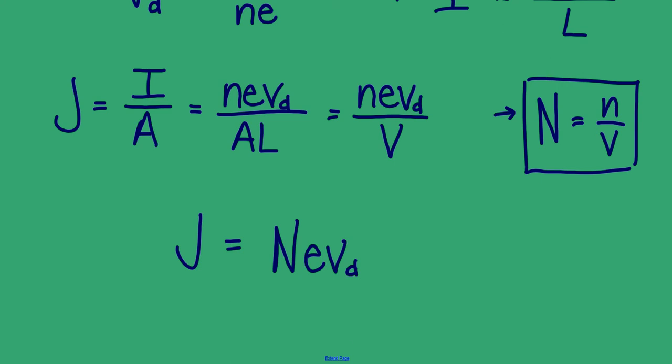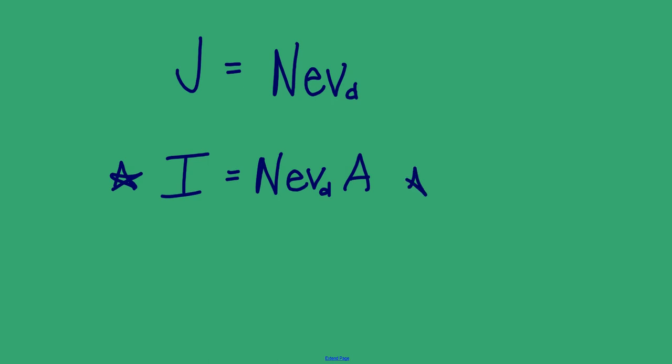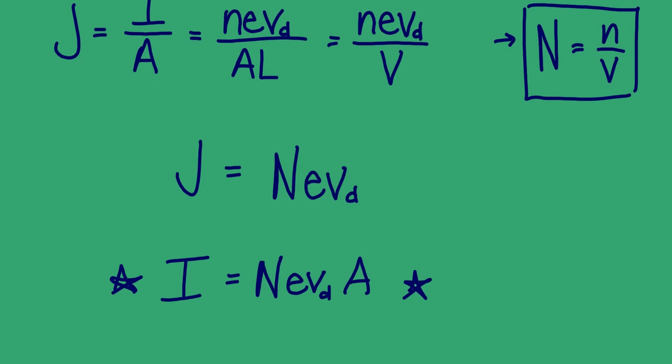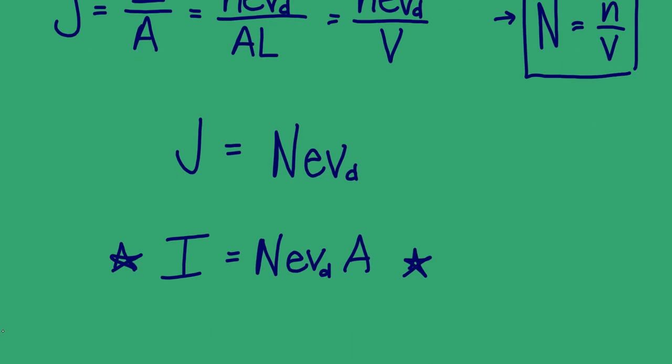Or the way your equation sheet writes it, rather than writing it as current density, your equation sheet writes it as current is equal to N e v_d times A. Because again, current density is I divided by A. So this is an equation that you are welcome to use. You do not have to go through that derivation. But it's important that you understand and know that derivation, as we may often be solving for something other than exactly the current, and you may need to explain where that equation came from.